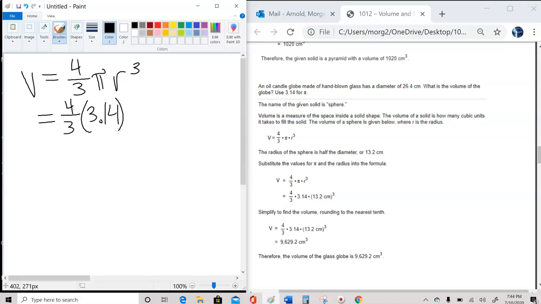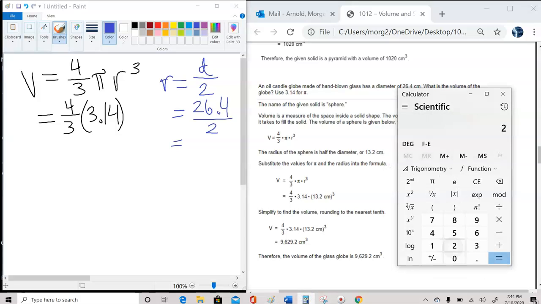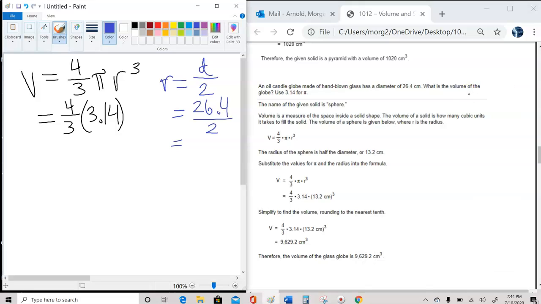So we need to find the radius, and you just take the given diameter and divide it by 2. So 26.4 over 2 will give us 13.2 for the radius.